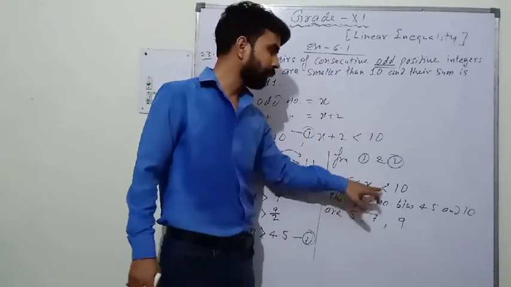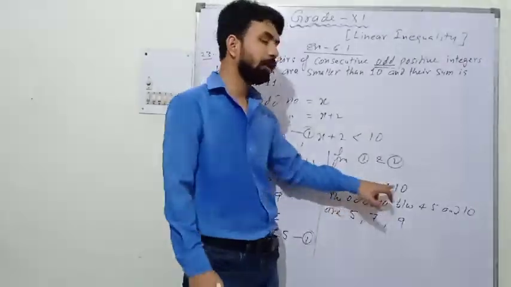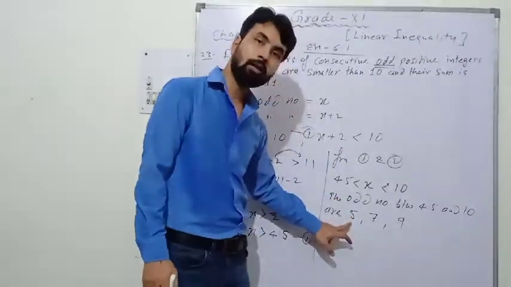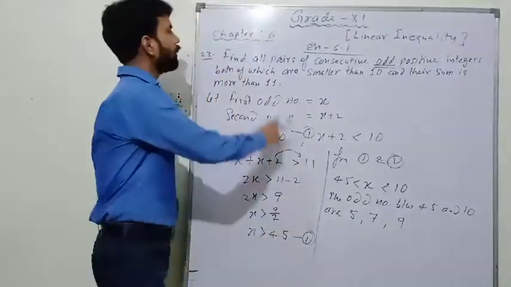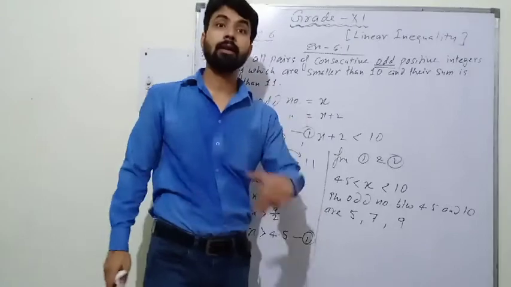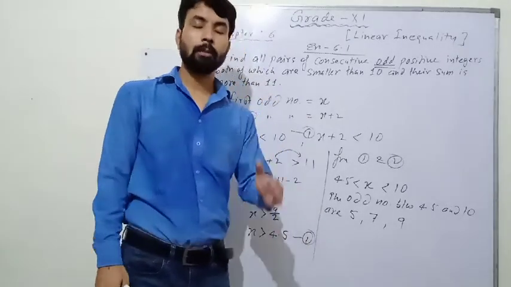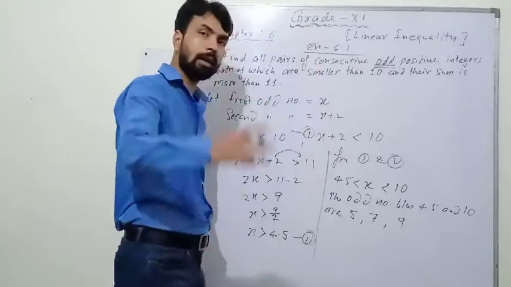Greater than 4.5 but smaller than 10. So there are only 3 odd numbers, 5, 7 and 9. But the question is asking all pairs of consecutive odd positive integers. Pair means 2. So we have to look at the consecutive odd positive integers and make pairs of them.